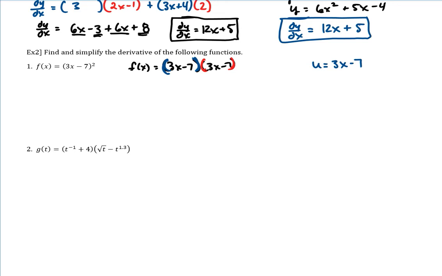And then my v is also 3x minus 7 in this case. So they happen to be the same. And then some students like to go ahead and just say, u prime is the derivative of 3x minus 7, which is just 3. And v prime is the same thing. V prime is also just 3. So that way we could see it all.